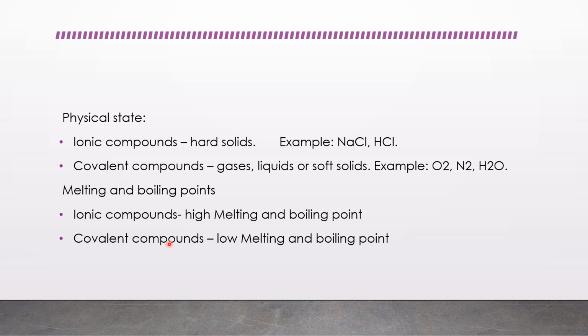It is very strong, and for breaking it we need a very high temperature, so high melting and boiling point. For covalent compounds, there is an intermolecular force of attraction, and this force is very low when compared to electrostatic force of attraction.